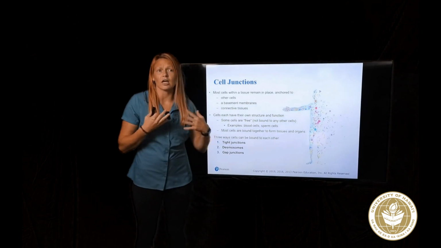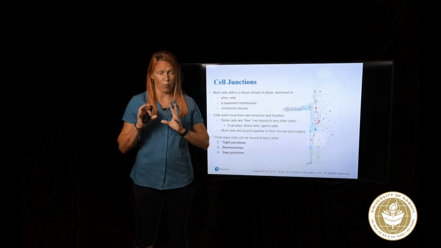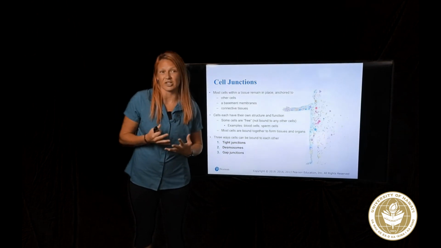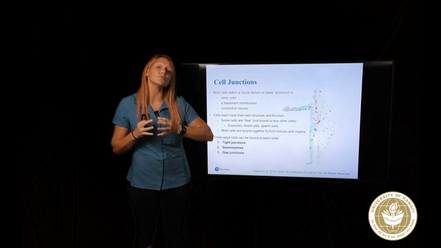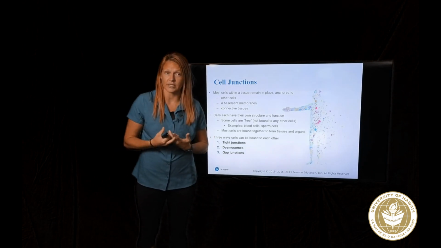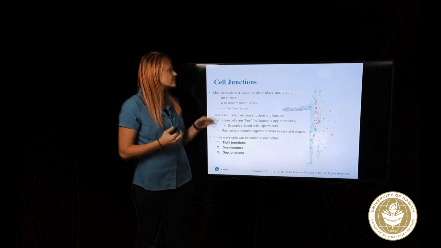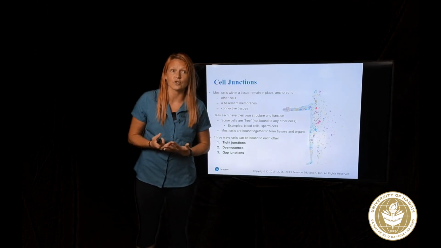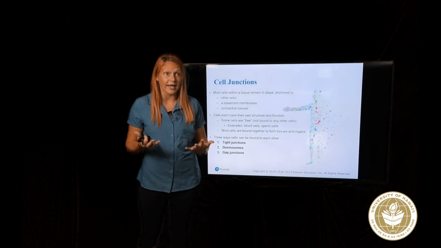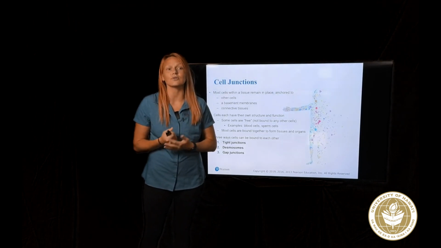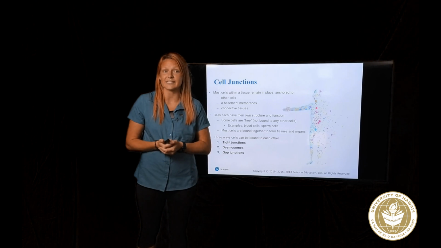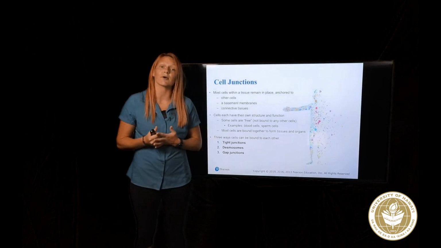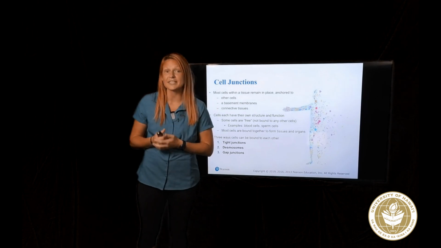So now when we talk about tissues, we're talking about a whole bunch of different cells that perform the same function or at least a similar function. And the cells are going to group together to create tissues. And then the way they group together is by using these cell junctions. So when we talk about tissues, which is the subject of chapter 4, right, it makes more sense to talk about the connections between cells that actually allow them to form tissues. So that's why we're going to be talking about these cell junctions here.